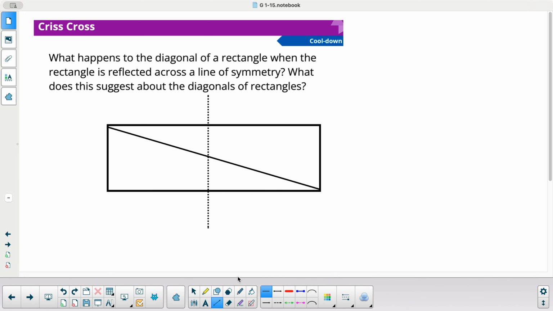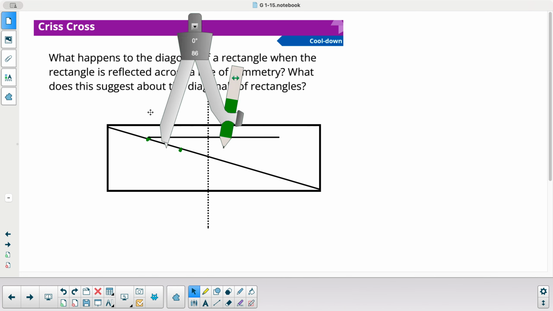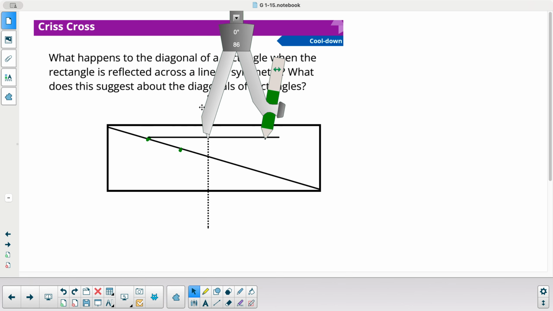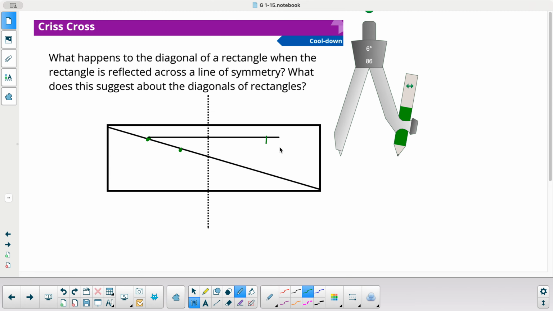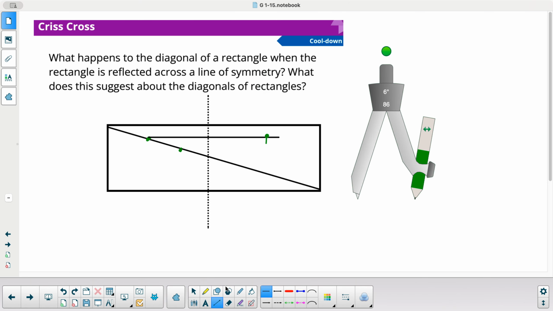If I reflect a point, I'm just going to pick a couple points here. Remember, when you reflect across, it's going to be perpendicular and equidistant. So this point will be equidistant over here. So if I measure this, right there, go right there roughly. Same thing here, this distance, I got to draw perpendicular.